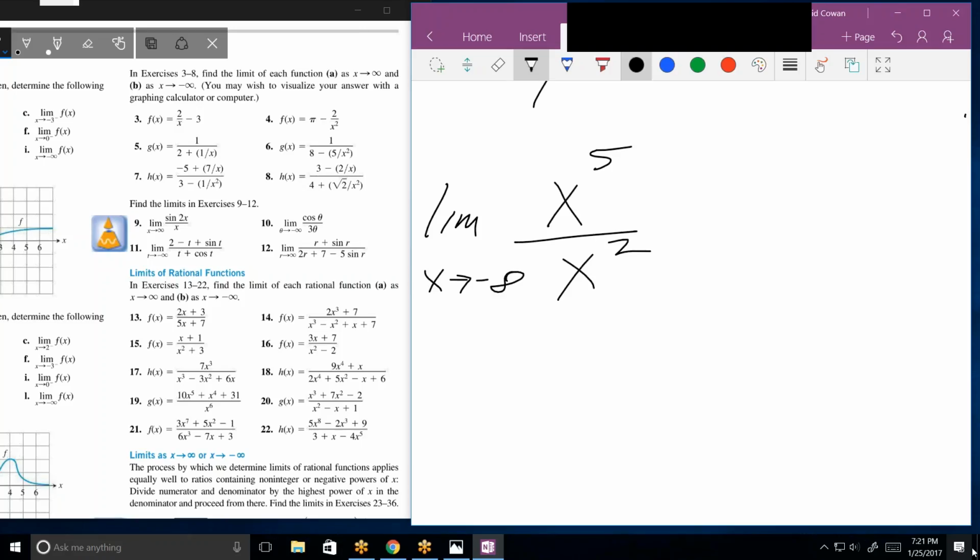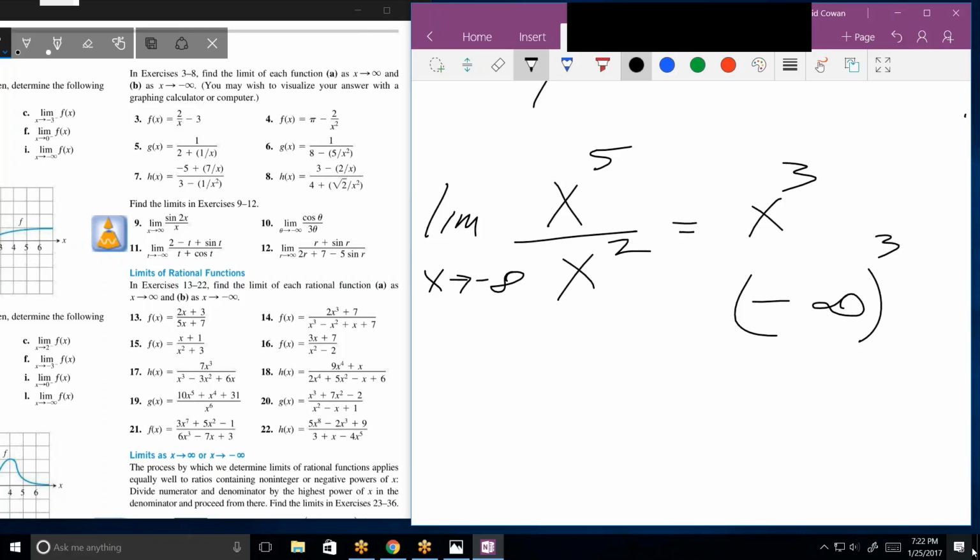So it would be x cubed. And that would make it 0. No, plug in minus infinity for x there. Minus infinity cubed. What happens when you cube a negative number? It becomes negative still. So negative infinity is the answer. So I just leave it at negative infinity.